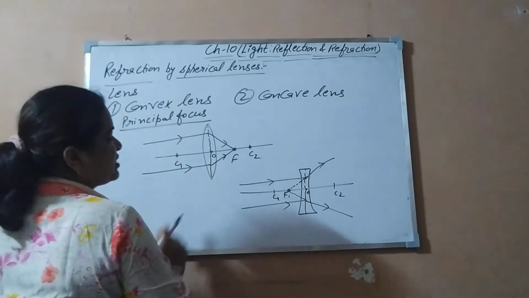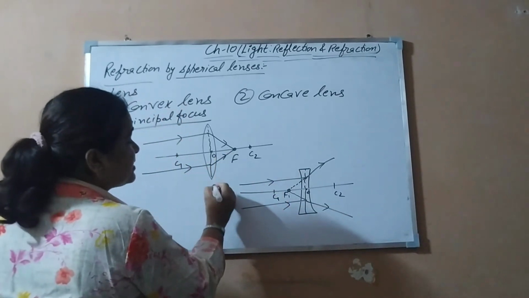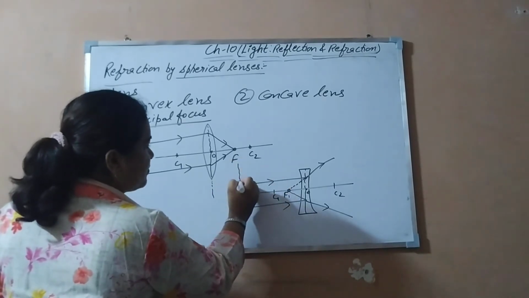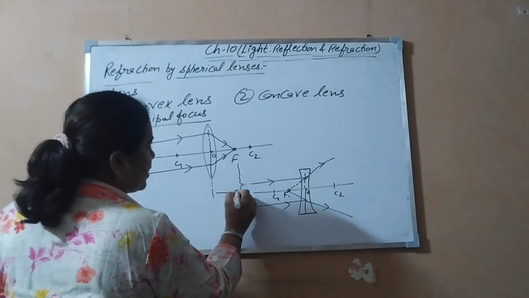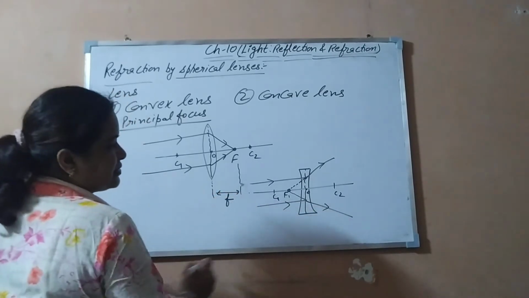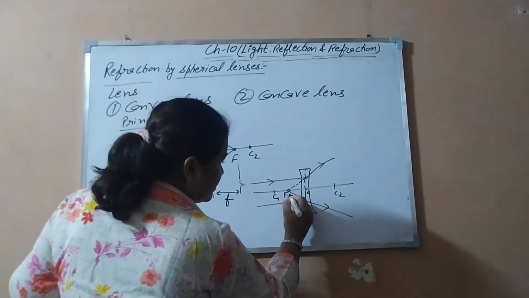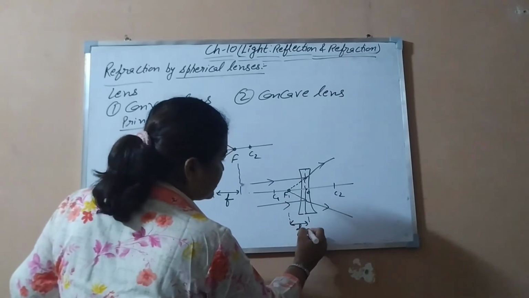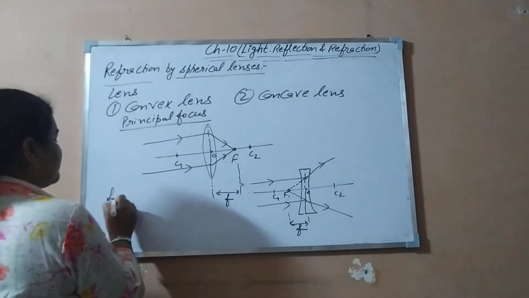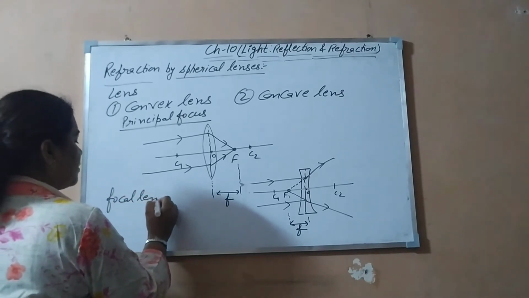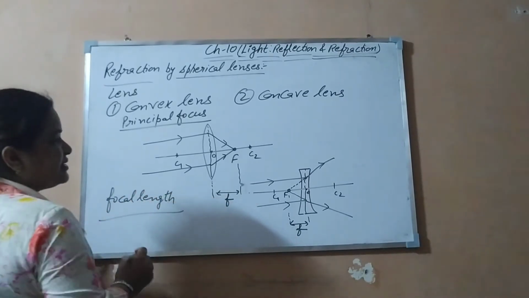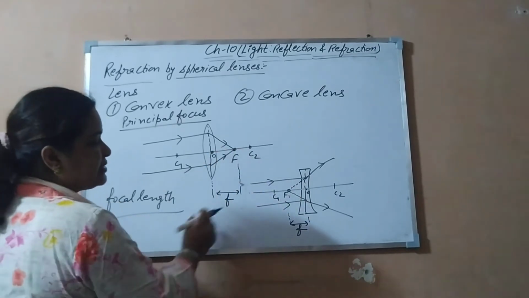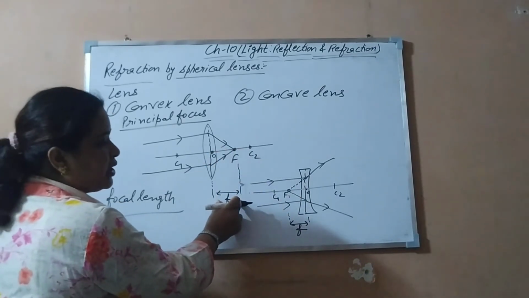So these are the principal foci, and the distance between the optical center and the principal focus is known as the focal length. Similarly, here you can see the distance between this focus and this optical center is the focal length. What is focal length? The distance between the optical center and the principal focus of a lens is known as its focal length.